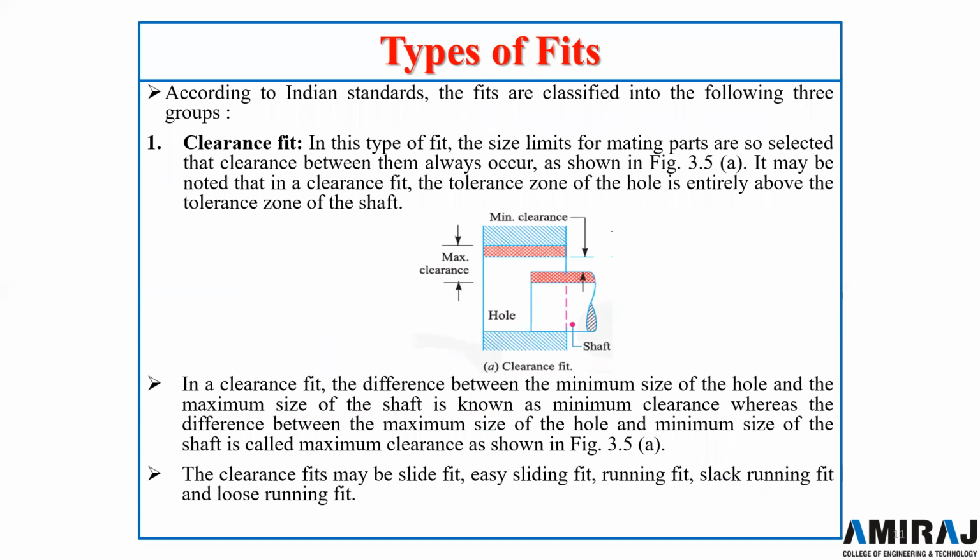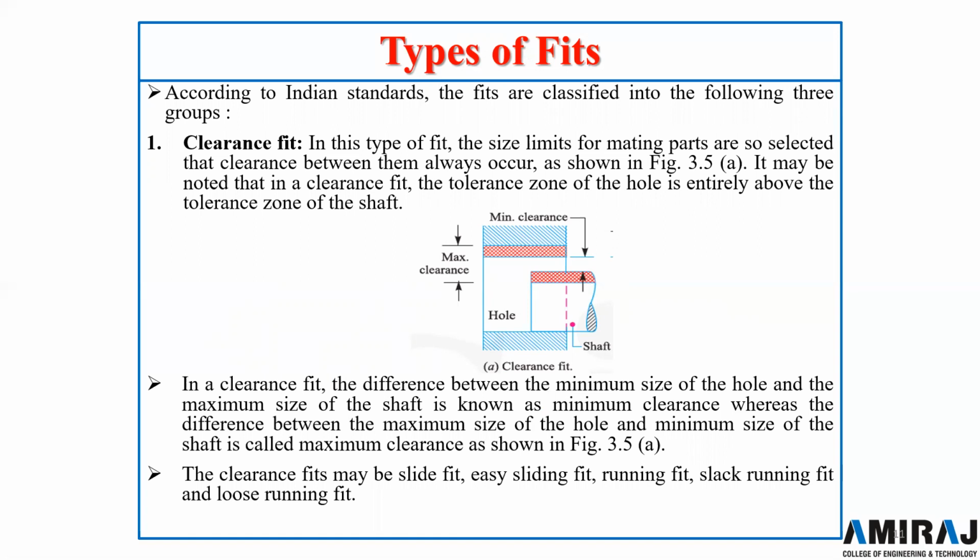In clearance fit, the limits of size for matching parts are so selected that clearance between them always occurs, and it may be noted that in clearance fit, the tolerance zone of the hole is entirely above the tolerance zone of the shaft. Now, what do you mean by this? Here in clearance fit, the tolerance zone of hole is entirely above the tolerance zone of shaft.